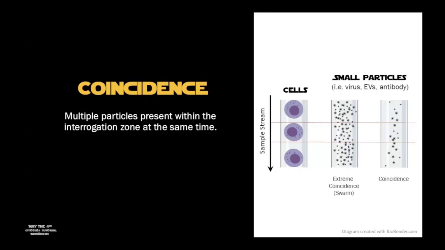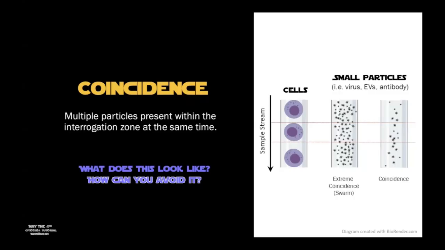But it would never be quite as extreme as if you have small particles coming through, because with small particles you could fit many, even in the narrowest of core streams. So when you have multiple coming through, we call this coincidence, and coincidence can happen with cells as well. Now, in the extreme case of coincidence, we tend to use the term swarm.